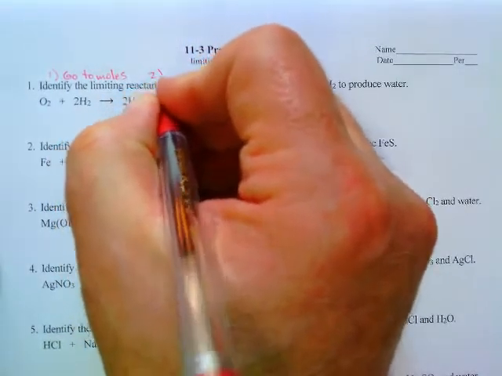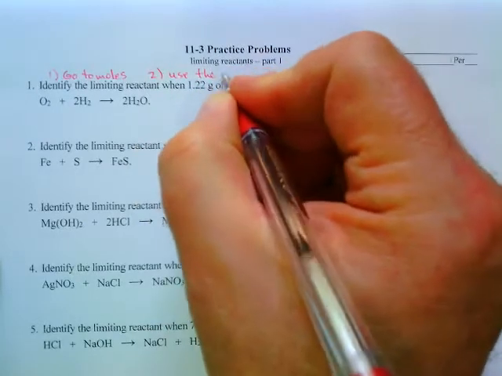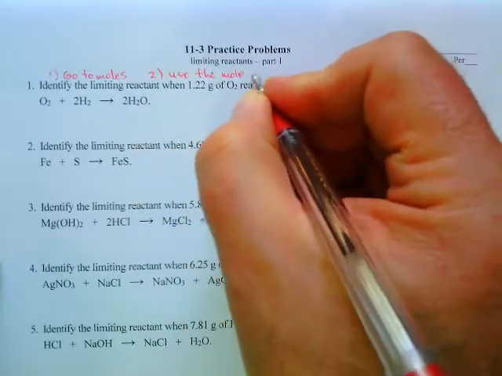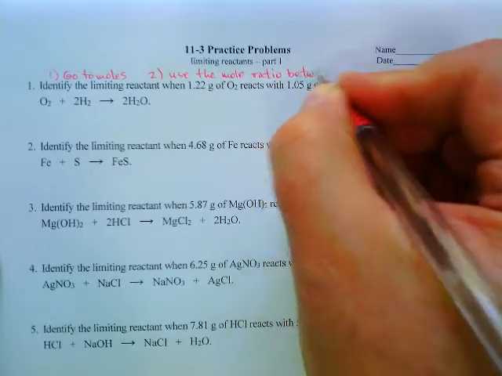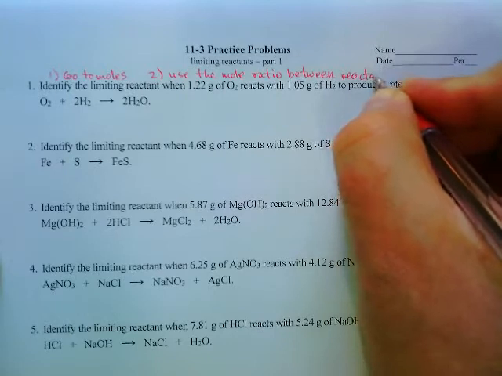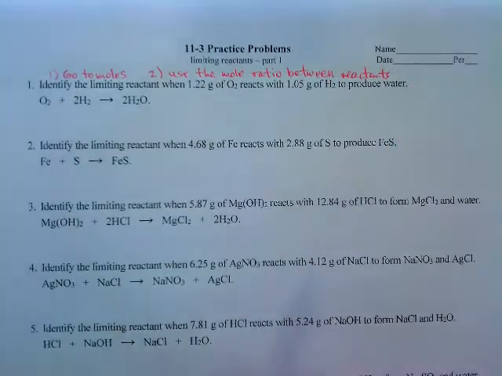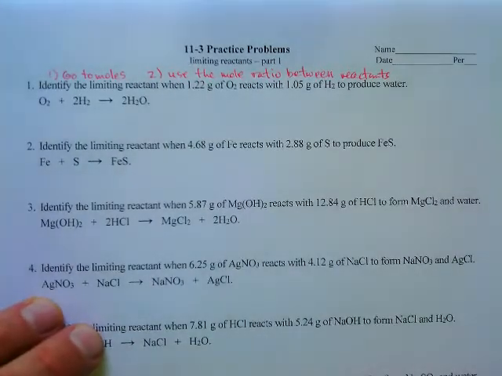And then our second step is use the mole ratio between reactants. And then once we've done that, we can identify what is the limiting reactant, and we'll be done with this problem.